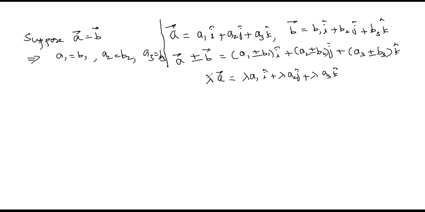Now one more condition comes when both are collinear or parallel. So there is a condition when vector A and vector B are collinear. When we have to show collinearity, we can use this condition.